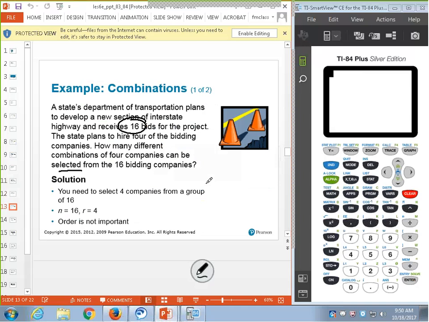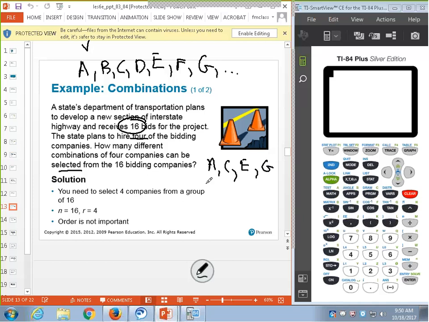Okay, so let's say there's companies A, B, C, D, E, F, G, and it keeps on going, 16, right? Now, what are they going to do? They're selecting what? Well, no, total 16. They plan to hire 4. Okay? So let's say they take, I'm just saying, C, E, and G.